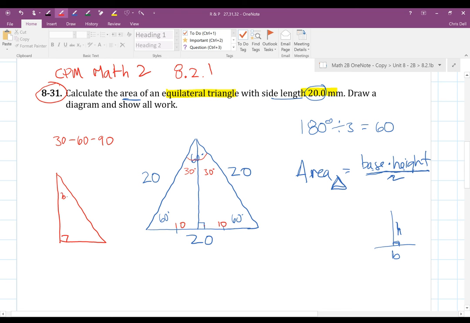So the relationship of the 30-60-90 is this: if I know the side opposite the 30, call that x, then the side opposite the 90, the hypotenuse, is twice it, 2 times x. And then to find the side opposite the 60, I multiply the side opposite the 30 by the square root of 3. So that's the relationship, these ratios.